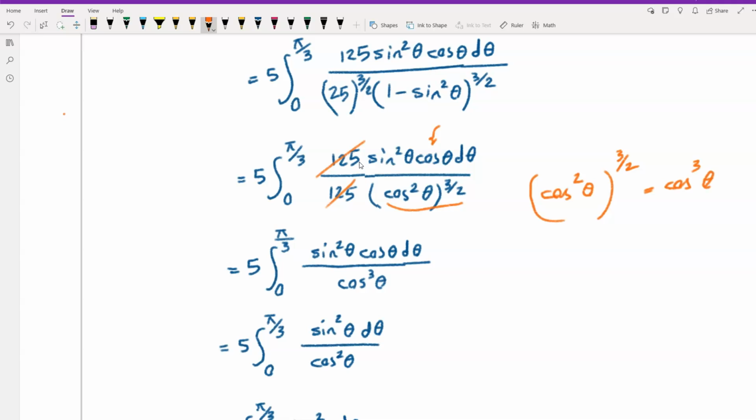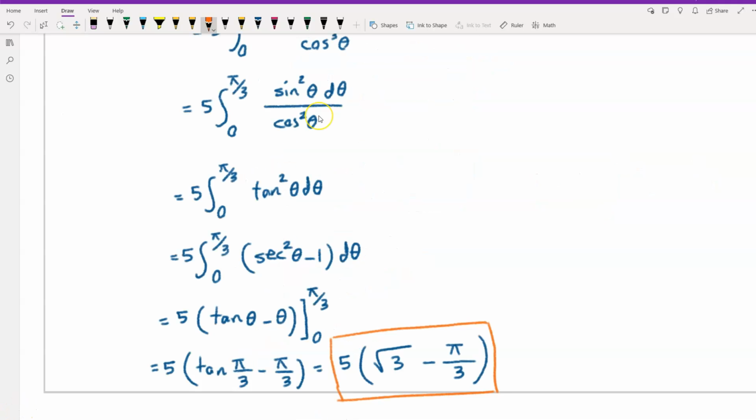And on top we have sine squared times cosine theta times d theta. Here we can cancel cosine divided by cosine cubed, and we're going to have 1 over cosine squared. On top we have sine squared times 1 times d theta, and in the denominator cosine squared.